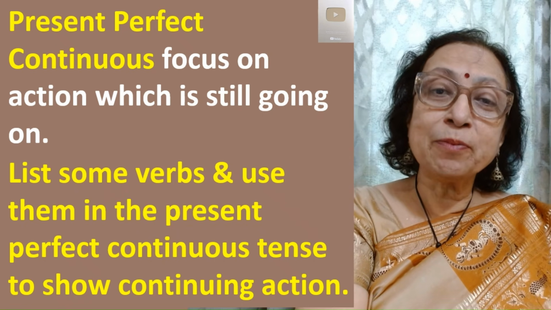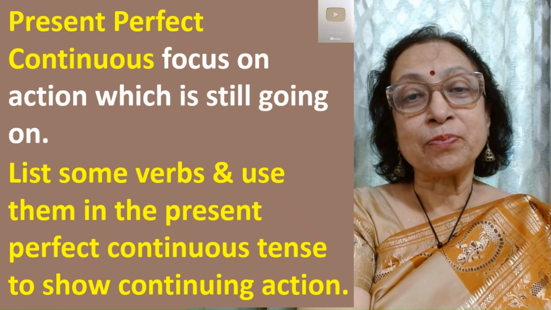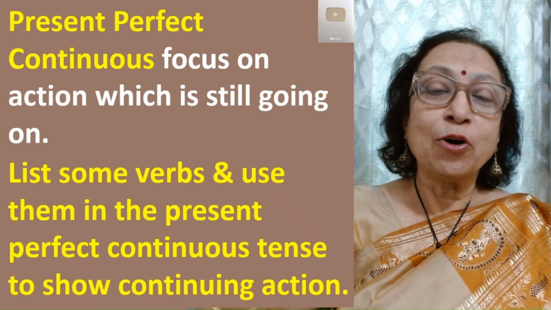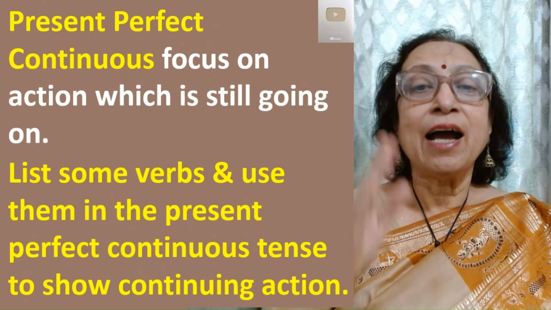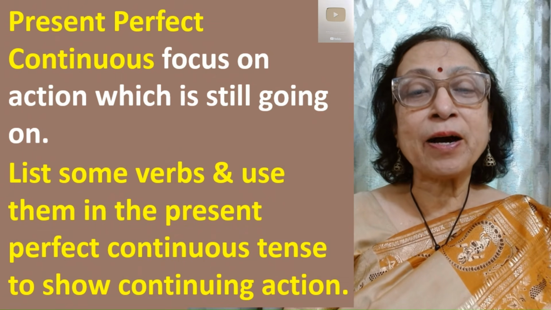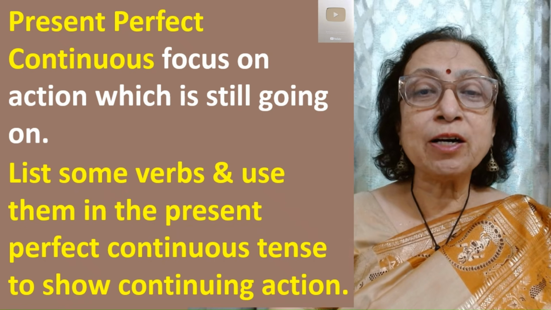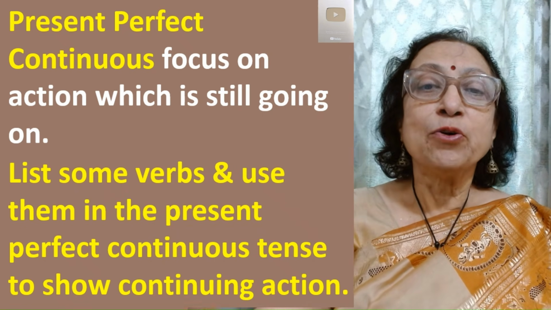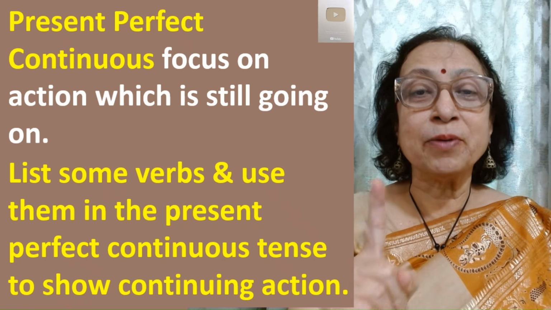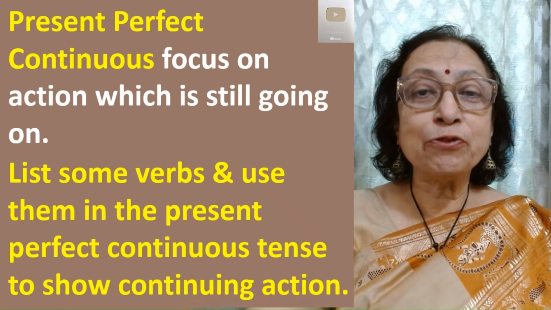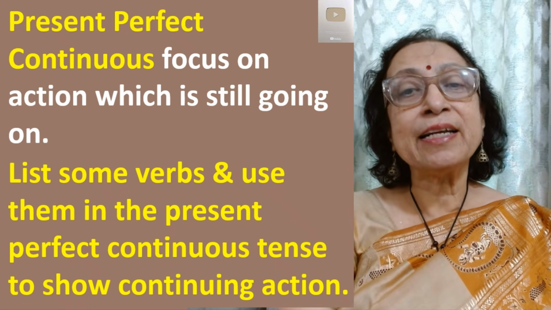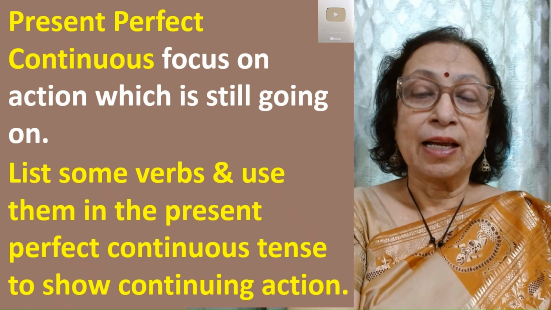Here, have plus been, the past participle, plus the verb in present participle. So you have 3 words which form the single verb in the sentence. These 3 are the verb phrase. Together they form a single meaning.